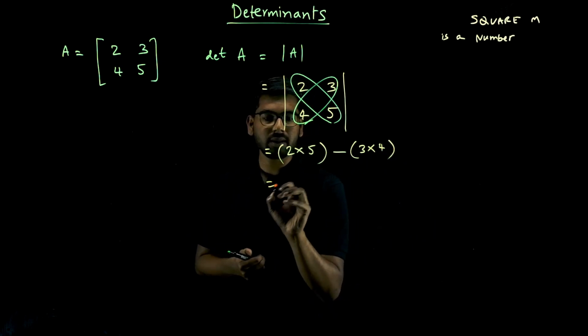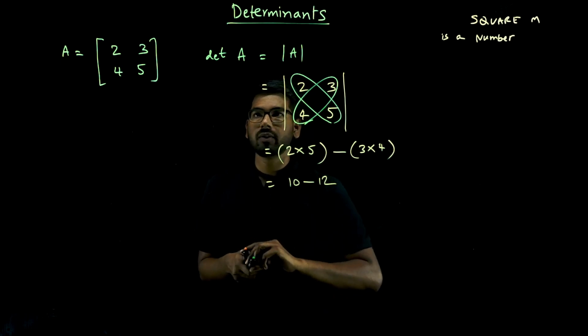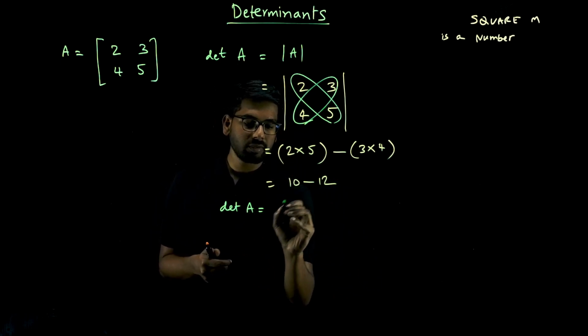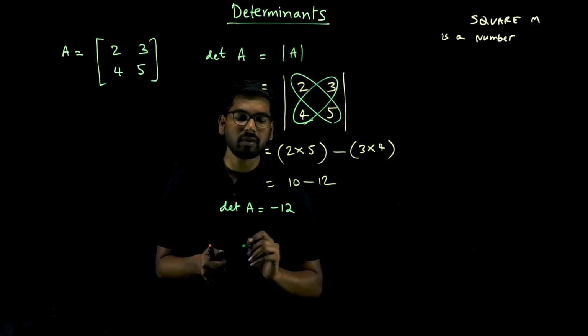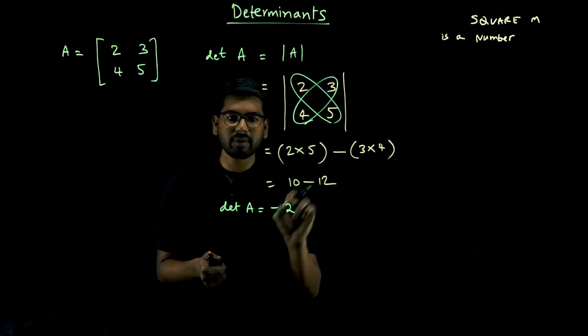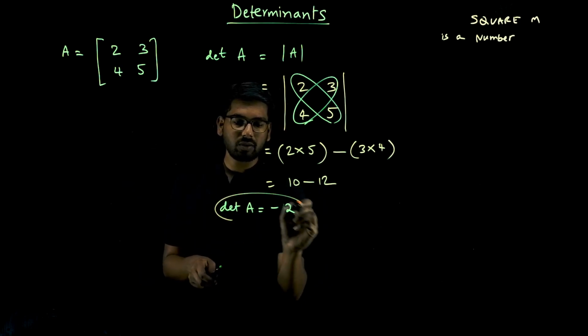So 2 into 5 is 10, minus 3 into 4 is 12. So determinant of A is 10 minus 12, which is minus 2.